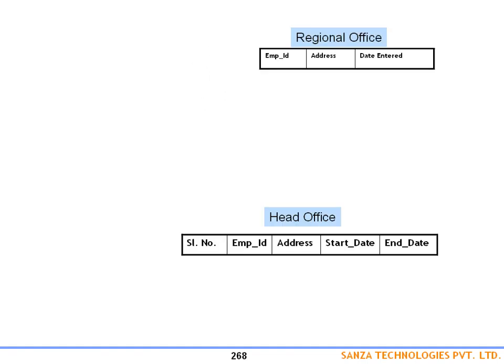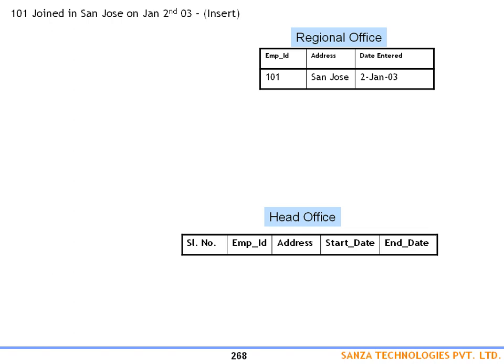So let us assume that you have a regional office, and regional employee 101 joined in San Jose on January 2nd, 2003. Data is inserted. Employee 102 joined in Texas on January 2nd, 2003.